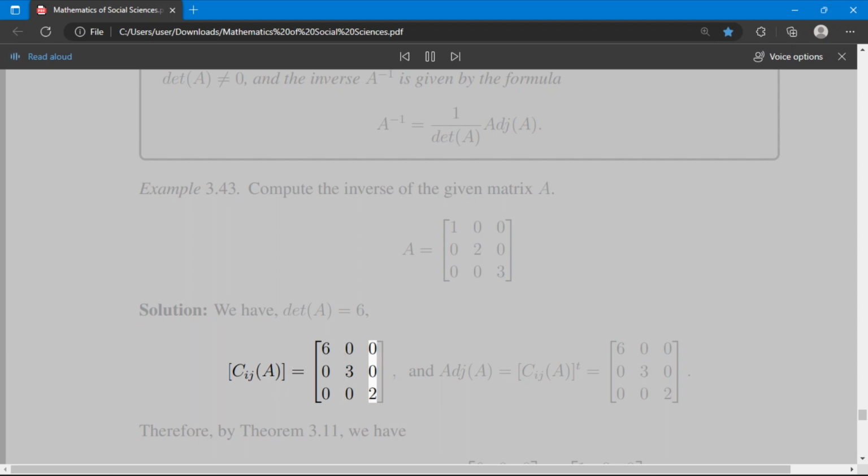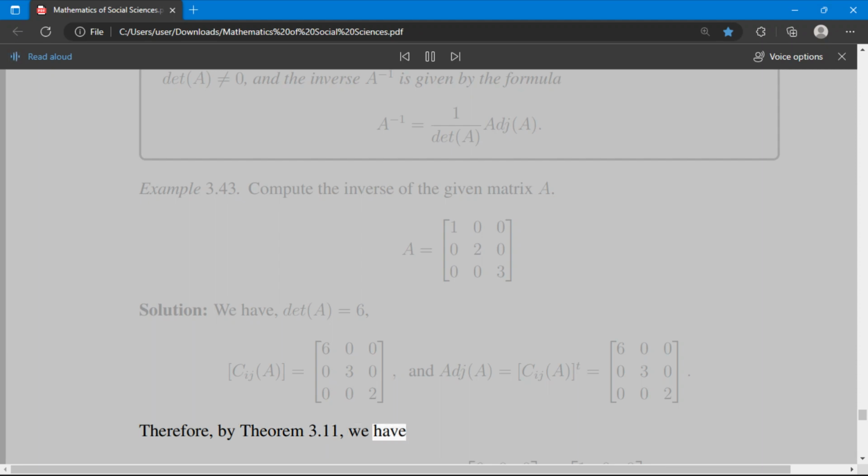Cof A equals 6 0 0 0 3 0 0 0 2. And adj A equals cof A transpose equals 6 0 0 0 3 0 0 0 2.